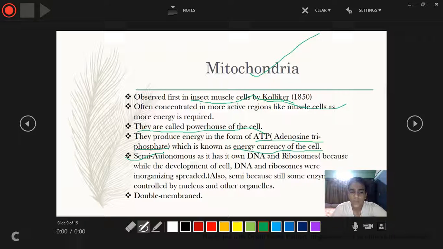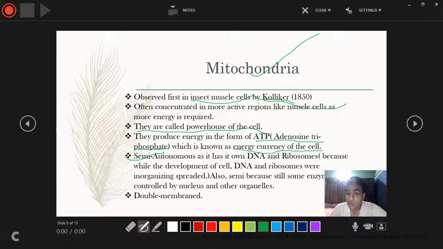It is not controlled by anyone; it is controlled by itself only. Mitochondria is called semi-autonomous because it has its own DNA and ribosome. Why does it have its own DNA and ribosome? Why so partiality? Why don't Golgi bodies have them? Why don't the plasma membrane or lysosome have them?